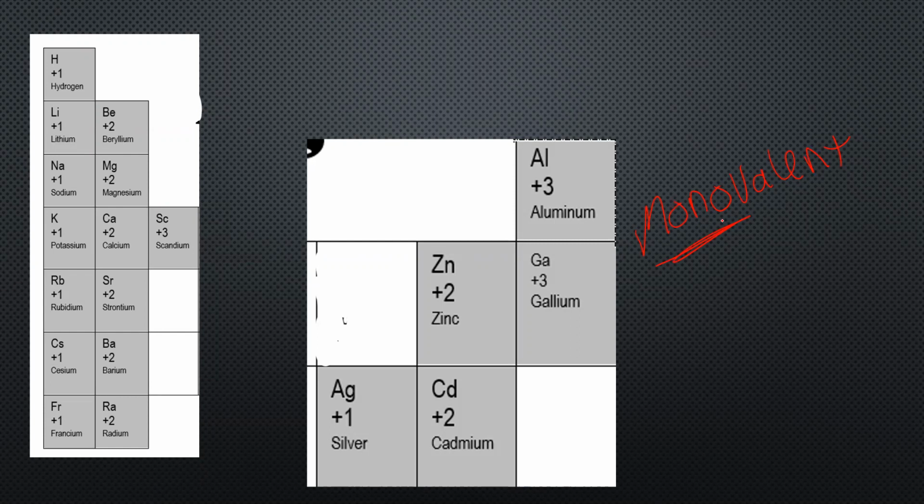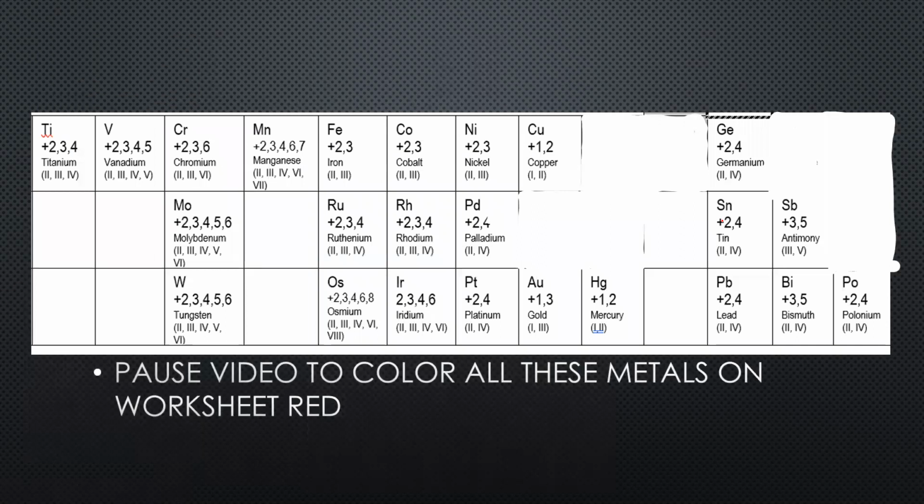So lithium will only ever be +1, sodium will only ever be +1, etc. The reason for this is because of their valence electrons, especially in the s block ones. It's going to be easiest for them to lose 1 or 2 electrons respectively to be able to attain that noble gas configuration, which also influences then when we have these multivalent ones.